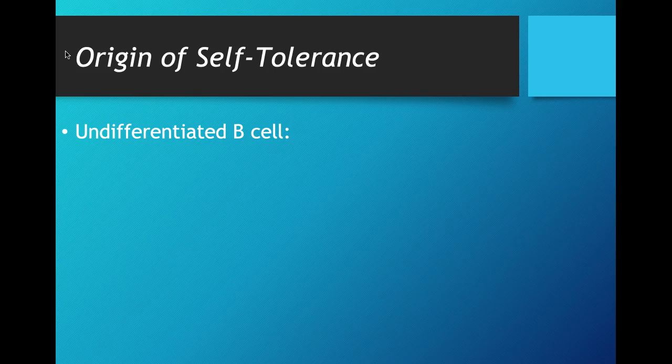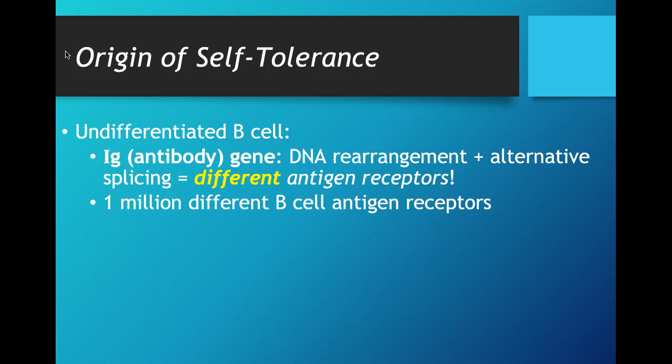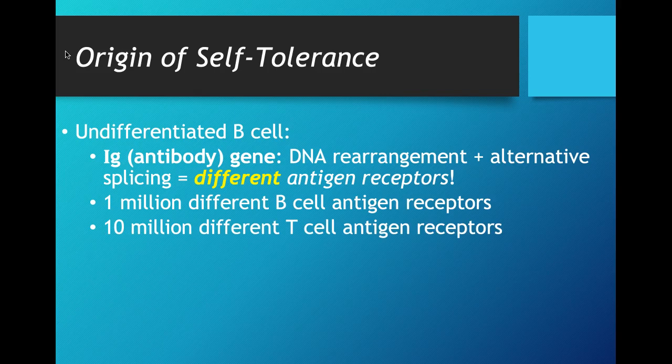In undifferentiated B cells, there is an immunoglobulin gene, an antibody gene, where again the DNA gets rearranged and there's alternative splicing taking place, which is going to lead to many different kinds of antigen receptors on the outside. I wasn't very specific a slide or two ago, but there are a million different B cell antigen receptors and 10 million different T cell antigen receptors that are made from this one gene. So again, it always goes down to the rearrangement and the splicing.